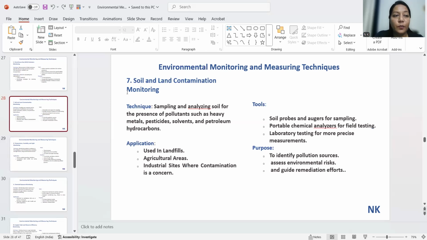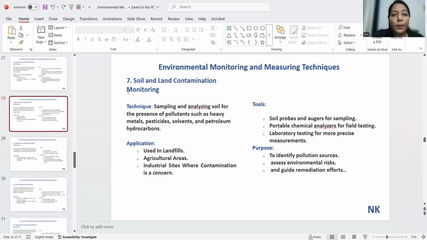These are the pollutants present in soil, and samples are taken to analyze with this technique. In application, it is used in landfills, agricultural areas, industrial sites, and anywhere contamination is a concern.